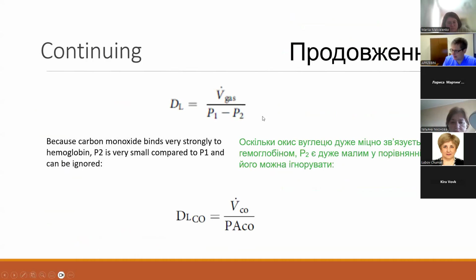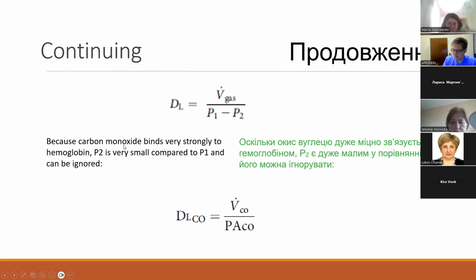So going back to our equations, and this is a restatement of what we saw before, the diffusion capacity of the lung is equal to the uptake of the gas, the flow of the gas, the transfer of the gas, divided by the change in pressure.